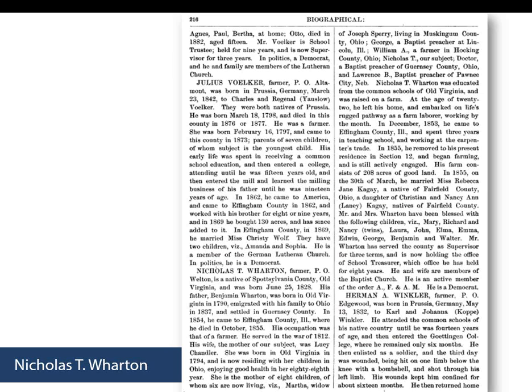It's not one of the larger companies that was mass producing these books, but still, it's giving us wonderful information about Nicholas Wharton. It's all written in the present tense, at least about Nicholas. So he's a native of Spotsylvania County. He's an active member of the order of A, F, and AM. He is a Democrat. So just by looking very quickly at this sketch, we can see that most likely Nicholas is the one providing this information, and he's definitely still living at the time when this record is created.